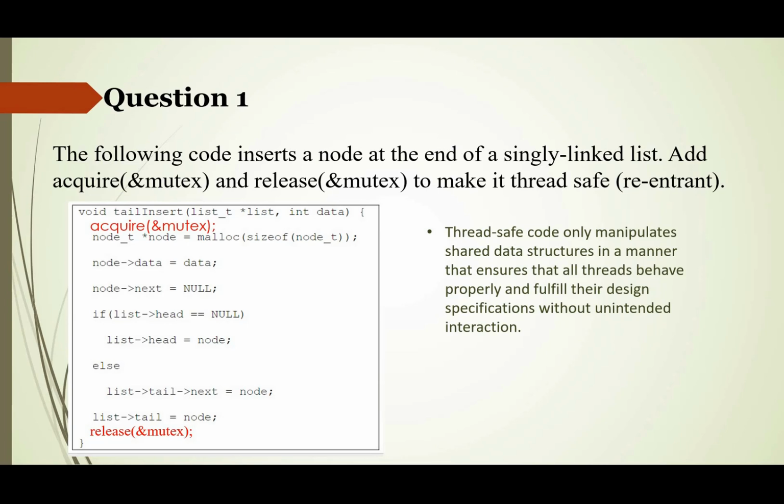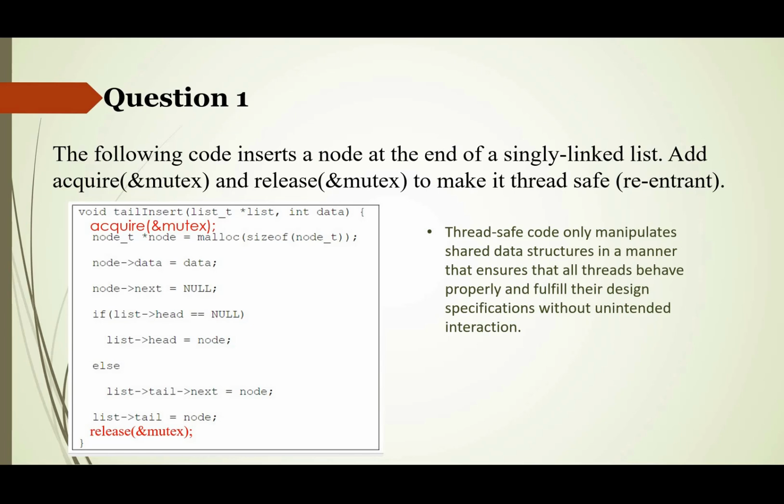So how should we make this thread safe if that is not efficient? We need to go through the code and see which parts are important, where we do not want any interruption or interference on the shared resources. For example, the first line is a memory allocation, a malloc. Is it really important to protect this line?